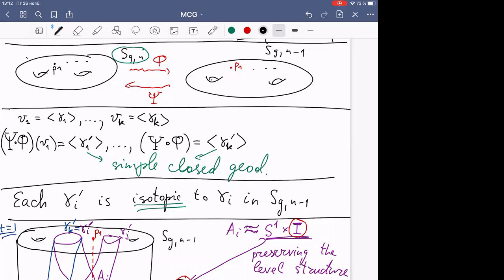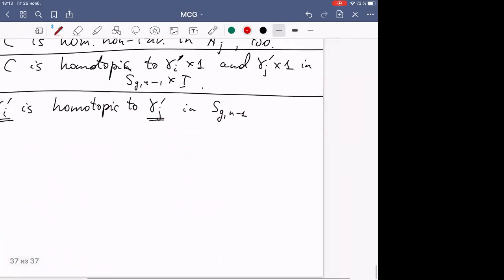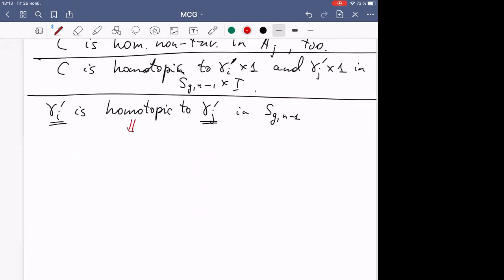Under a mapping psi, if two curves lie in the image of psi, if two curves are obtained by psi, and they were homotopic here, then they are homotopic here as well. So this means actually that in this case, gamma I prime coincides with gamma J prime.